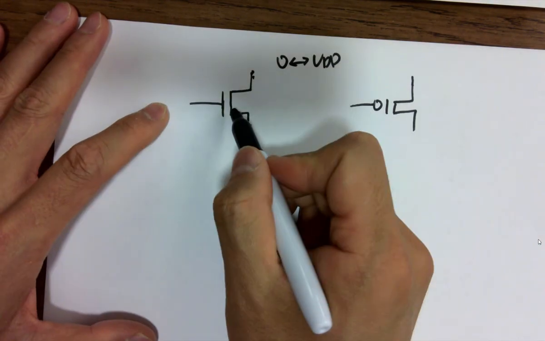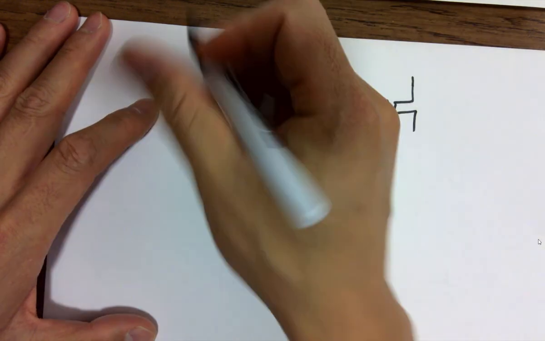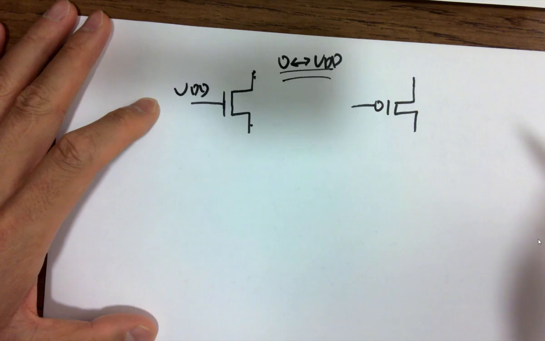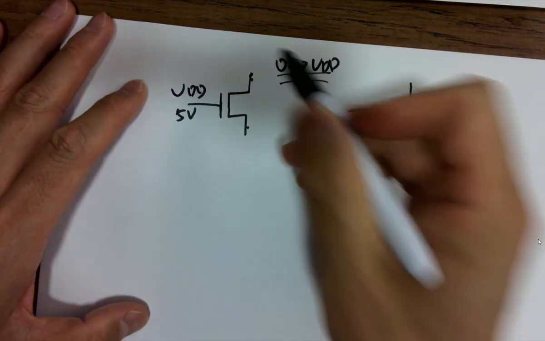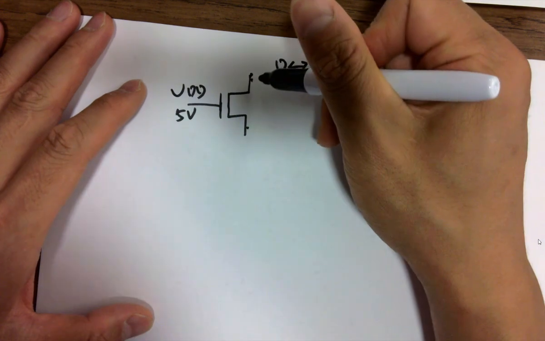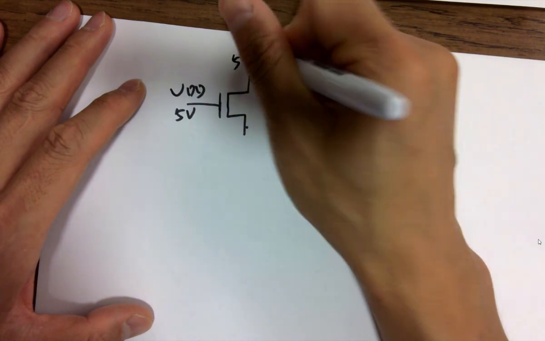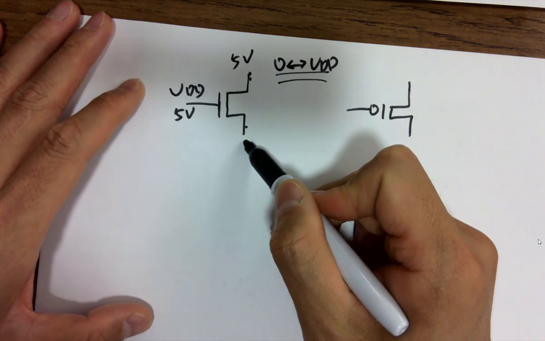So for the NMOS, if I turn this on, the digital input I'm giving in here is going to be VDD, 5 volts. Doesn't matter which is S, which is D. Let's just assume that I'm trying to pass 5 volts to the other side. Can we do that?